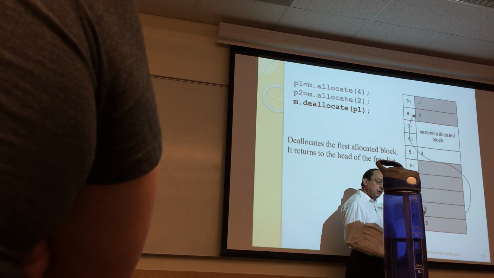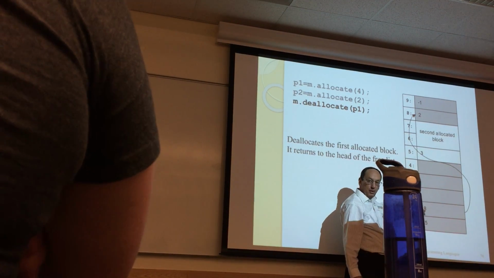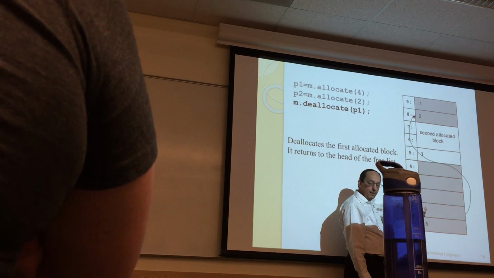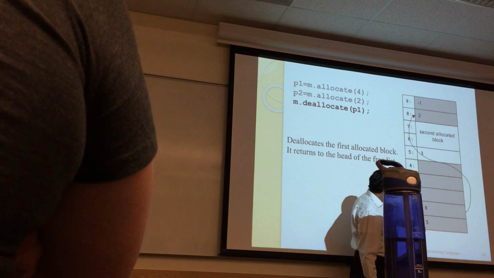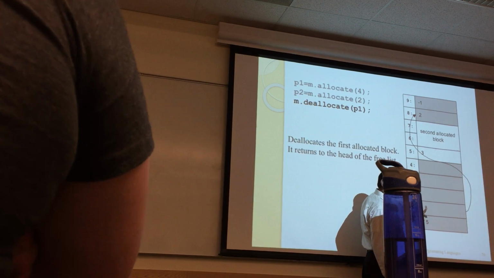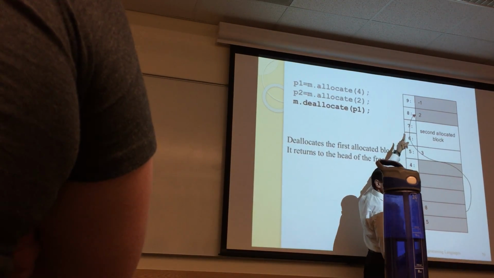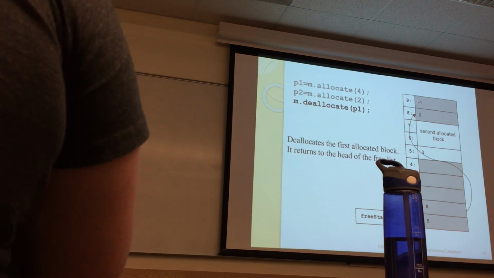So I'm basically implementing a stack with an implicit linked list in this linear memory. So now if I get another request, it's going to try to fit it here. And then it'll know that the next free block starts up at 8, where it was before. So let's do one more request.